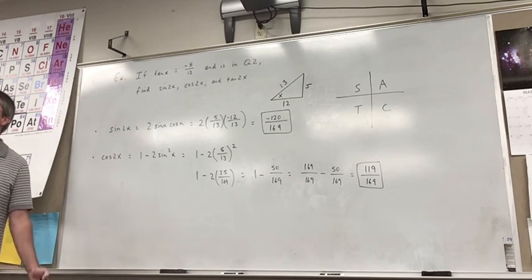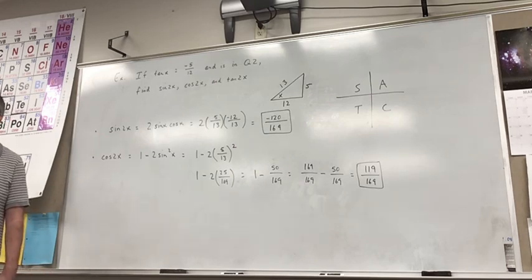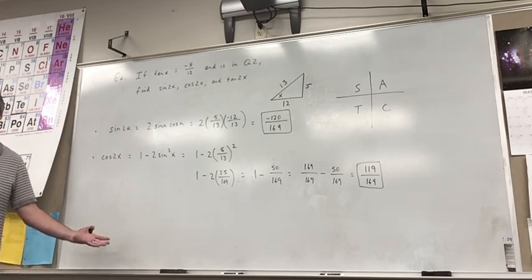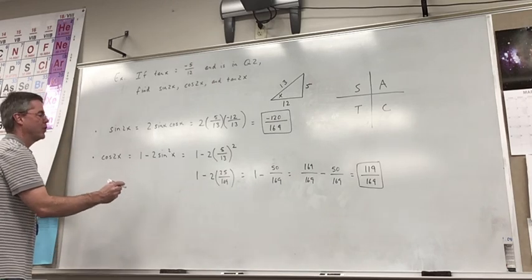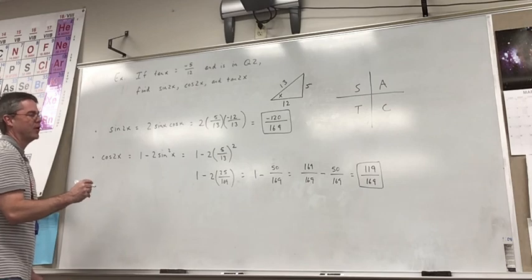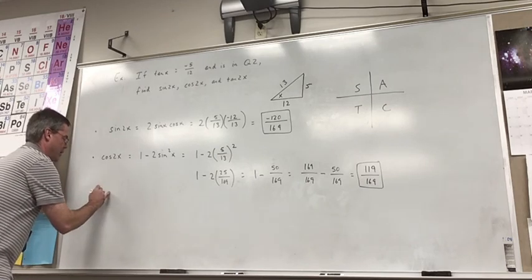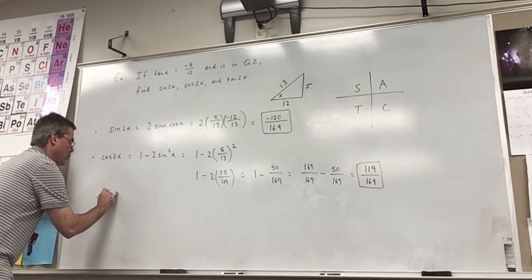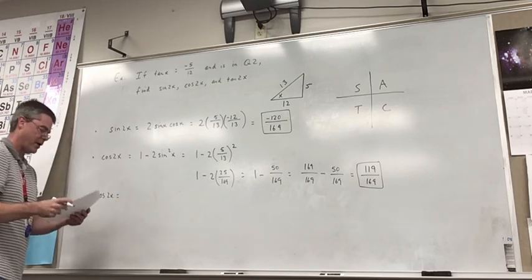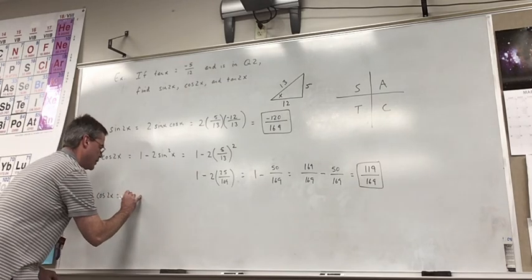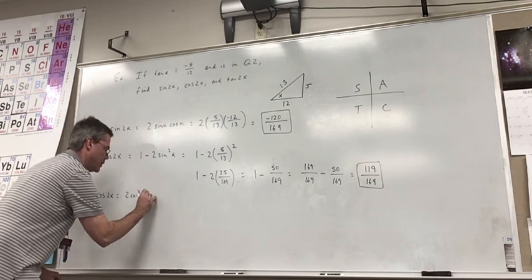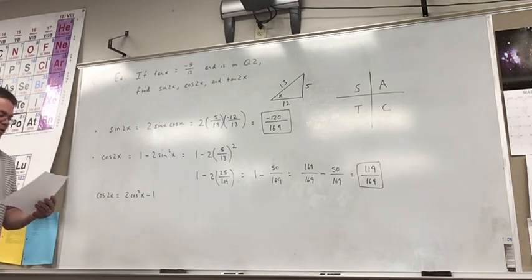Now, so you don't think that maybe I'm telling you a lie here, let's try one of the others. Let's check it and see if it works with, how about we do 2 cosine squared x minus 1. Okay, so which one is that on the list?